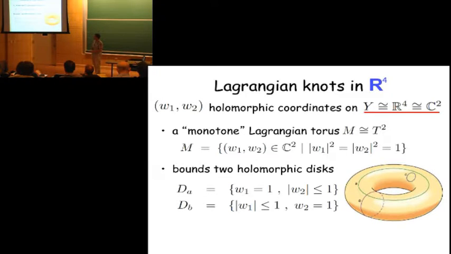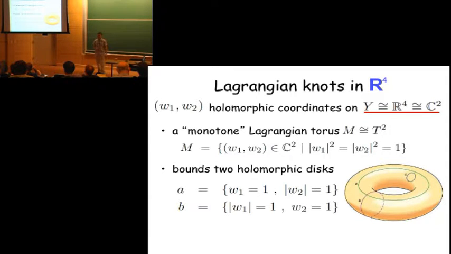In one case, you keep W1, for example, equal to 1, and look at the disk where the absolute value of W2 is less than or equal to 1, and the same with W1 and W2 interchanged. So in usual notation, if you have A and B cycles on the two torus, of course, these disks are simply bounded by the corresponding A and B cycles.